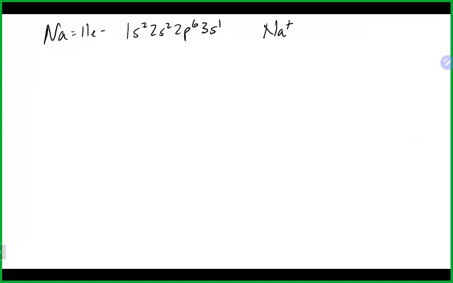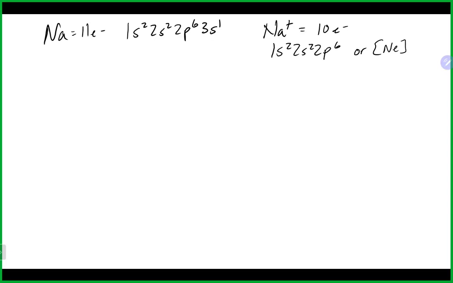And as we talked about, basically what that means is it has lost 1 electron, and it will actually have 10 electrons in this case. If we were to write the electron configuration for the sodium ion, it would be 1s2, 2s2, 2p6. By the way, that is 10 electrons. Who on the periodic table is 10? That is neon's configuration. So we'll have the same electron configuration as neon.